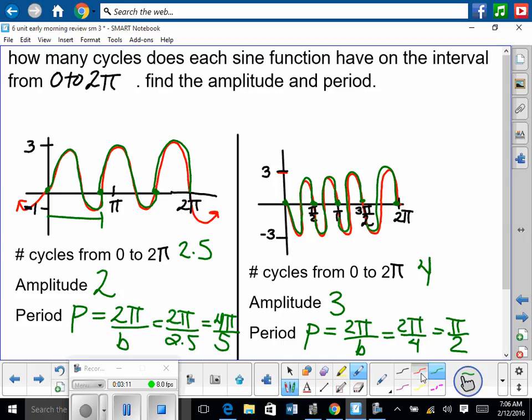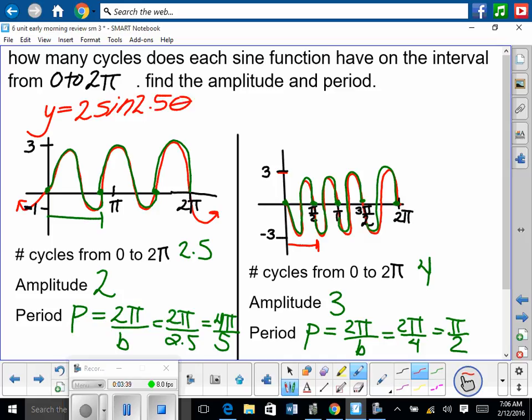And you can see that that makes sense, because remember that period means length of one cycle. From here to here was one cycle. So see how it ends at pi halves. But it never hurts to use the formula and check it. Okay. Questions on that? So then it would be easy to write an equation from here, wouldn't it? Because we would have y is equal to amplitude 2 sine of b is number of cycles, so 2.5 theta, right?